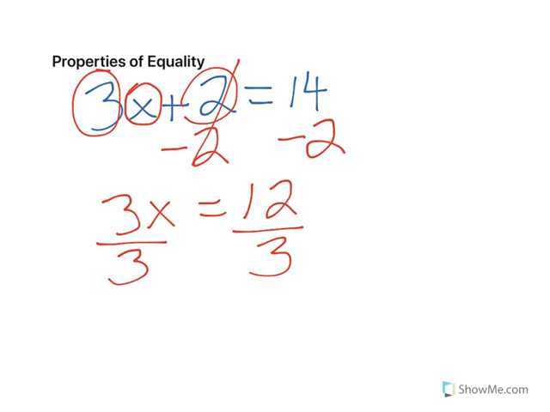And we know that 3 divided by 3 is 1, so I'm left with 1x is equal to 12 divided by 3 is 4. And you'll see that anytime you have a coefficient of 1, you don't have to write it. You can just say x is equal to 4.